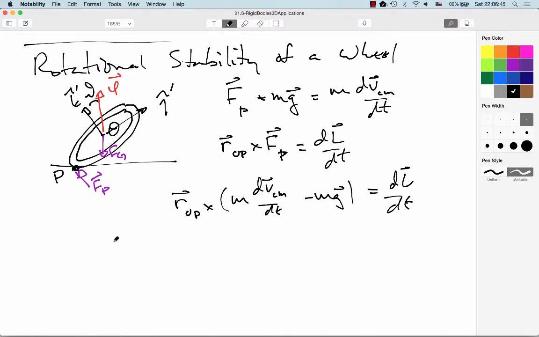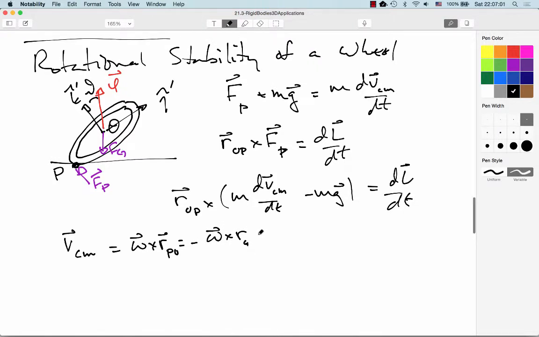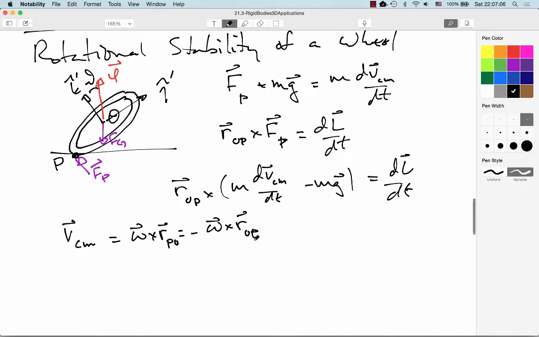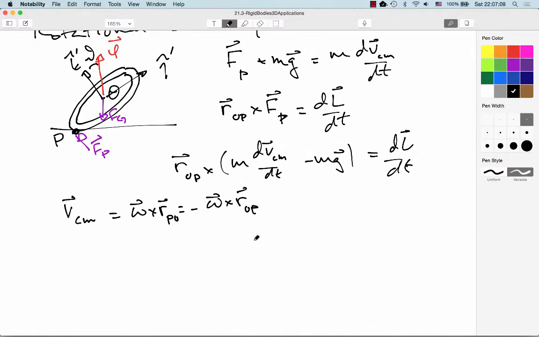So if we think about it, though, v_cm is going to be omega crossed with r_PO, which is equal to minus omega crossed with r_OP. So we can substitute that in for v_cm there.